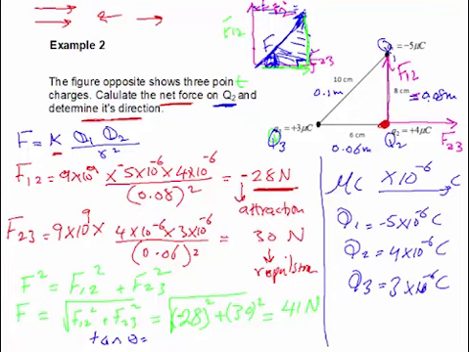Tan theta equals the opposite side, which is F12, divided by the adjacent, which is F23. So it is F12 divided by F23, which is 28 divided by 30. This will give us tan theta.